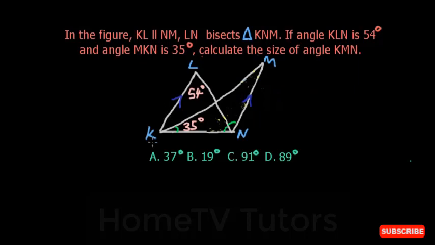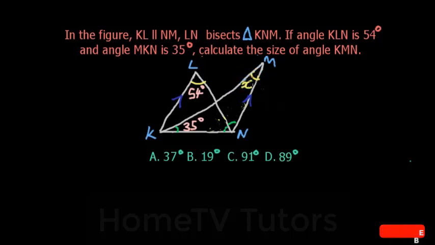In the figure, KL is parallel to NM. Okay, so we have LN bisecting the angle KNM right here. If the angle KLN is equal to 54 degrees, the angle MKN is equal to 35 degrees. Now calculate the size of angle KMN, that is this angle.